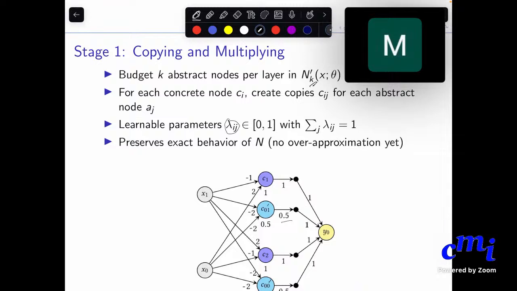How do you choose how many abstract nodes? Do you choose ahead of time, or, similar to the saturation strategy, is there some strategy to construct the abstract nodes?